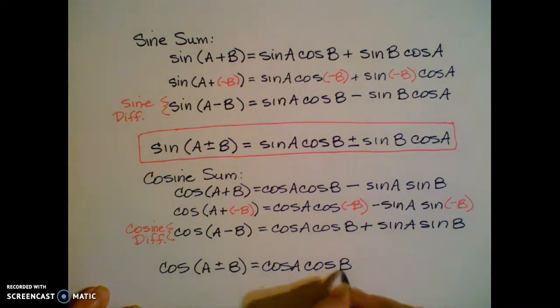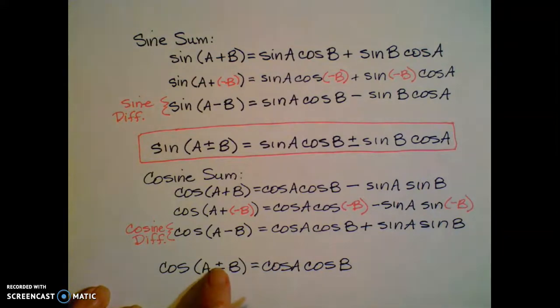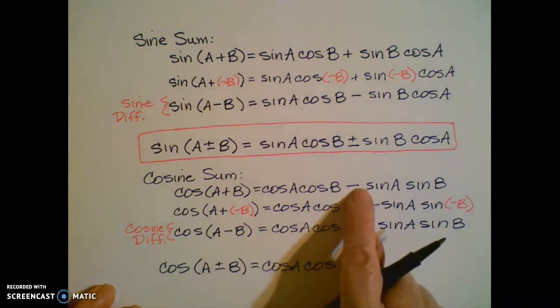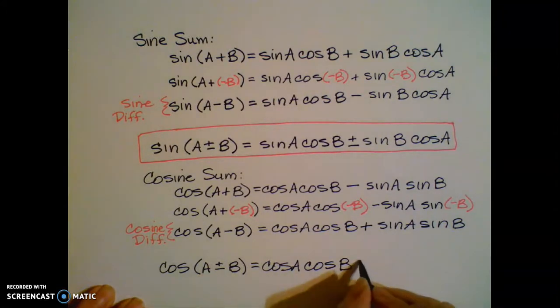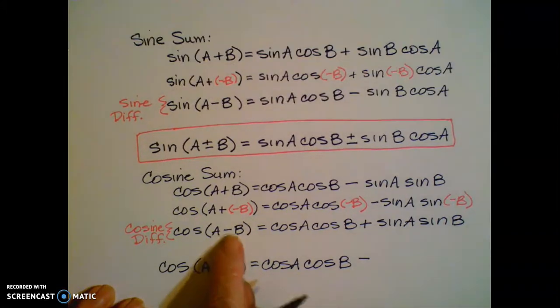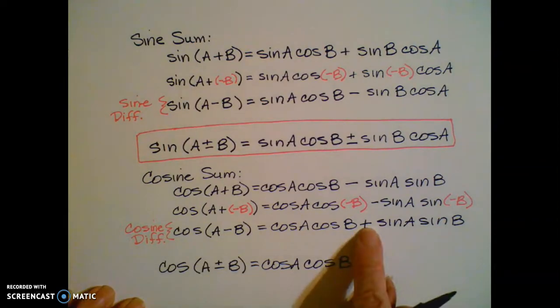Now we have to be cautious, because whenever we have a sum for cosine, it becomes a difference. So there, opposite this plus sign, we have a minus. Whereas when it's a subtraction of two values, the difference becomes a sum.